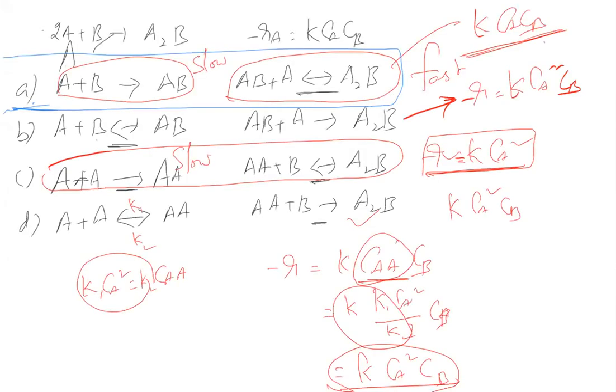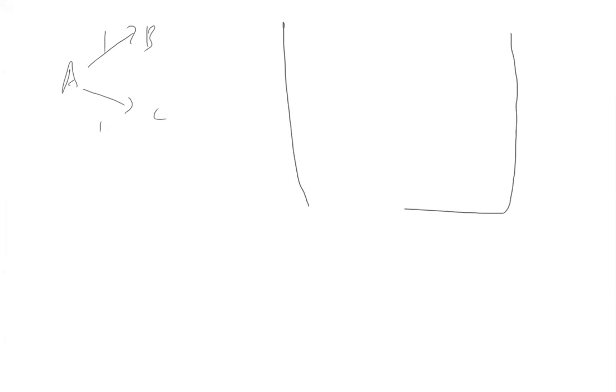So can you draw the concentration profiles for the next problem? Suppose you take A gives B, A gives C, with 1, 1. Can you draw concentration profiles? Let's say I am interested to draw the concentration of A. Concentration of A decreases something like this.